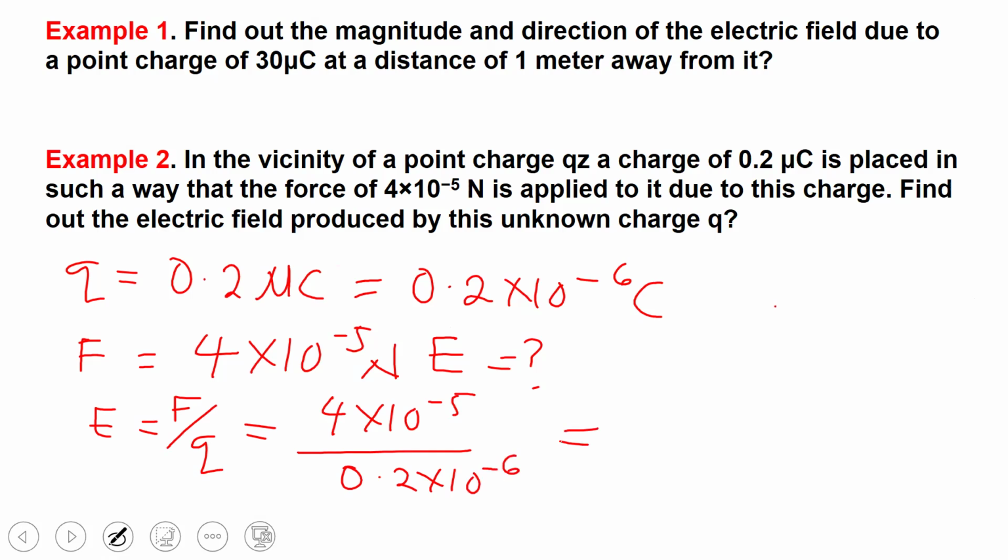So when you divide 4 times 10 to the power of minus 5 by 0.2 times 10 to the power of minus 6, it is going to give us 200 Newton per coulomb. So this is another example on how to calculate electric field intensity.